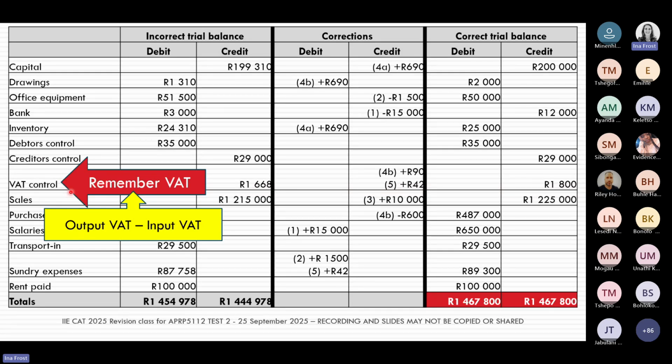So for any transaction that has a VAT impact, you are just going to make the corrections against the VAT control account. Then remember, for these corrections, you're going to use your debit-credit rules to determine whether you're going to add or subtract, and does that then mean debit or credit for this account?